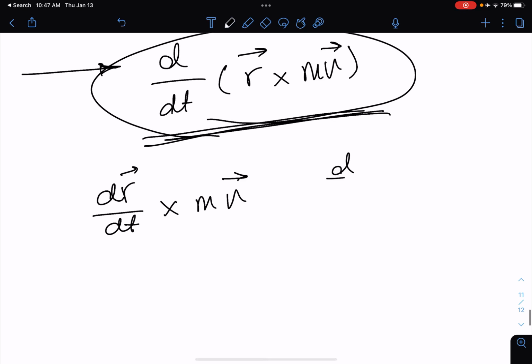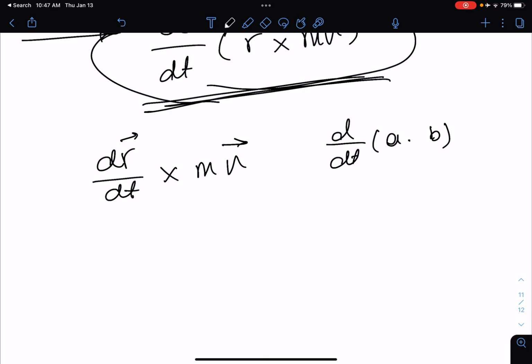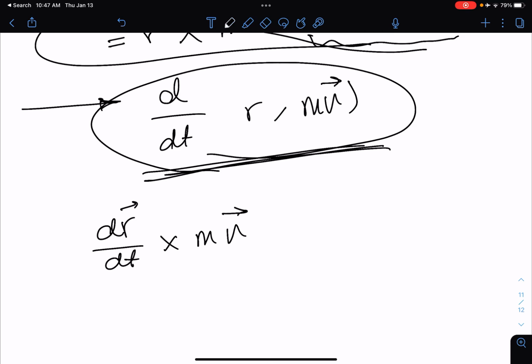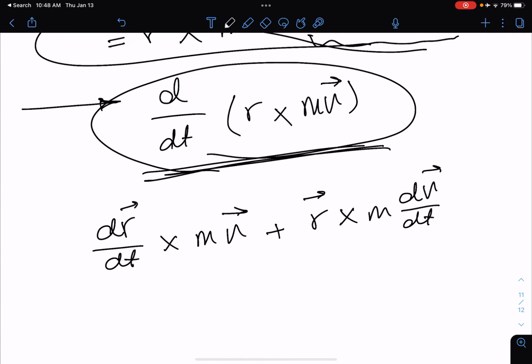It's dA/dt B plus A dB/dt. So we're going to get dr/dt cross product mv plus r cross product m dv/dt. Keep in mind that we are assuming m here is constant. If it wasn't, we should take it into the derivative here. This part dr/dt is v.